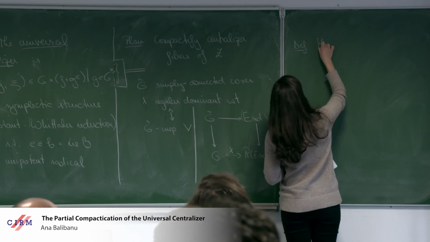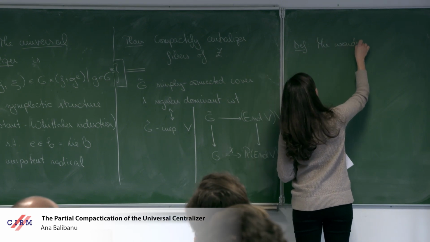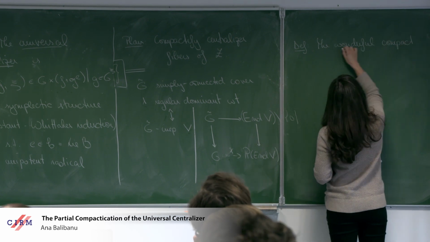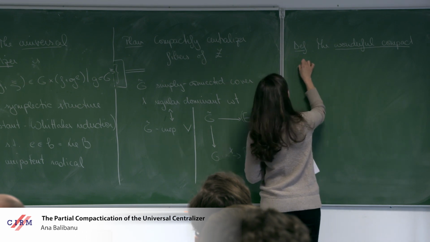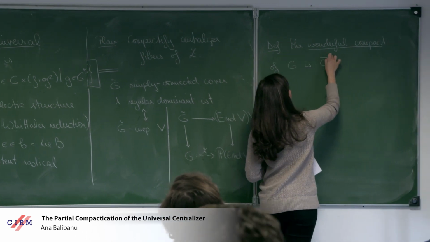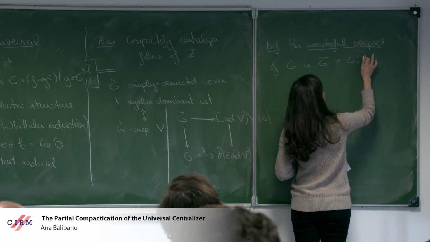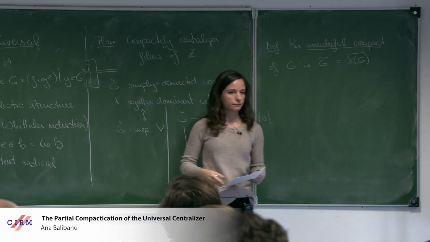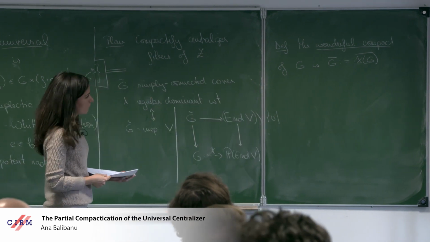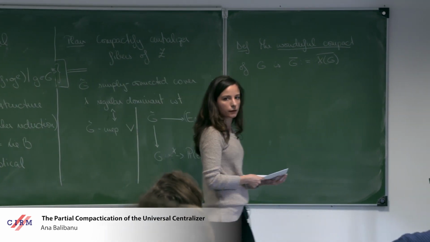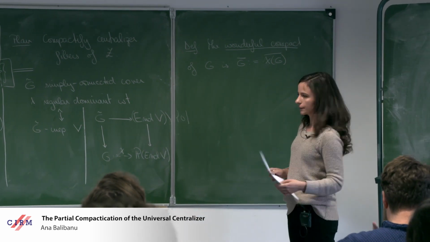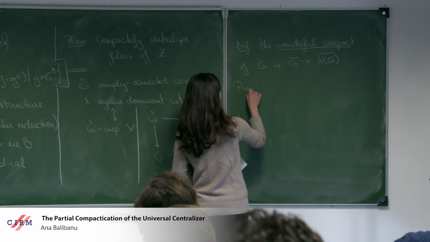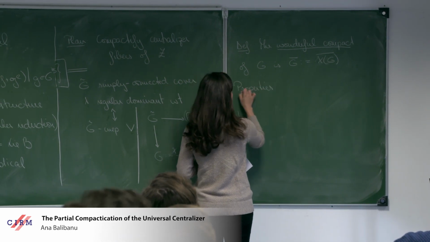And then the definition is that the wonderful compactification of G is precisely the closure of the image of this embedding. So this compactification has many remarkable properties.